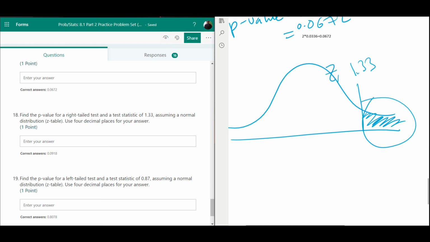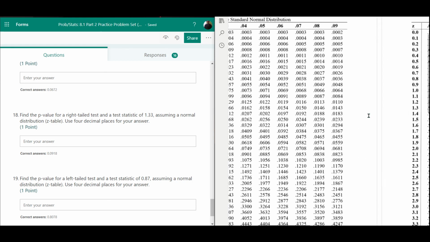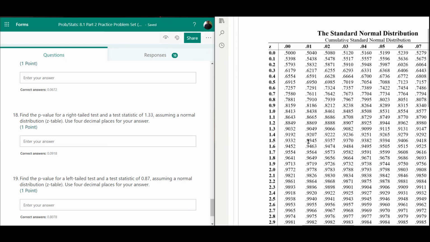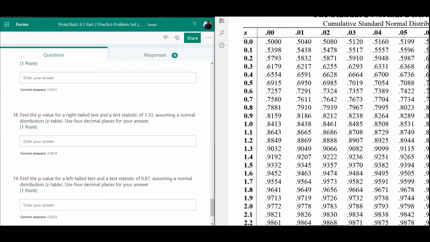So this is my z-test. So let's look up the 1.33. I need to go to the positive side here. Okay, so let's go to the positive side. 1.33. So it looks like 0.9082.